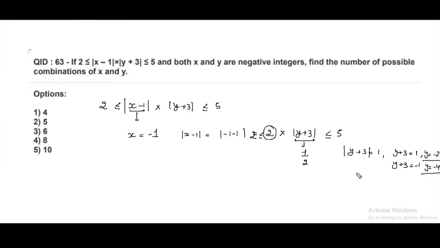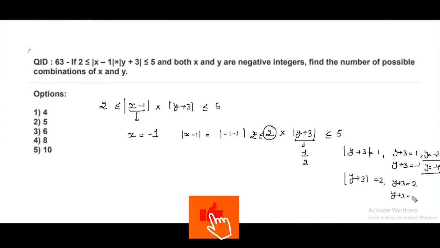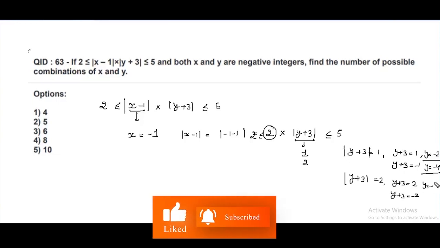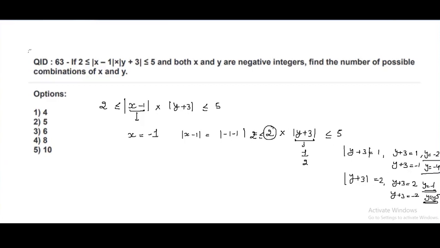Similarly, if I take |y plus 3| as 2, y plus 3 can be 2 or minus 2. So from here I'll get y is minus 1, and from here I'll get y is minus 5. Again negative, valid values. So if I take x as minus 1, I'm getting 4 values of y.